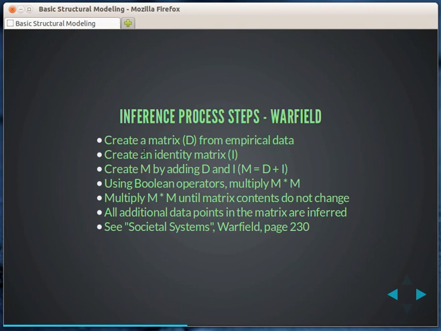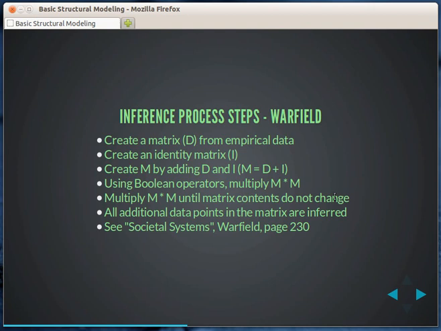So the inference process steps basically were detailed by Warfield in his books. You create a matrix D from the empirical data. Then you create an identity matrix, which is a well-known mathematical object. And then you create M, which is a reachability matrix, by adding D and I. And then using Boolean operations, you multiply M times M. So you're really multiplying this matrix times itself until M doesn't change.